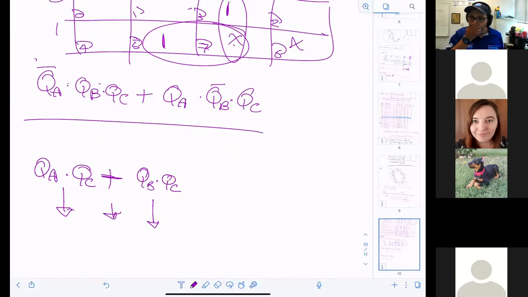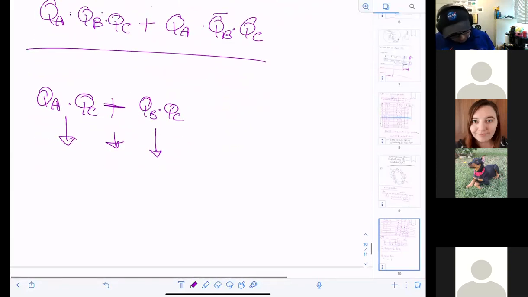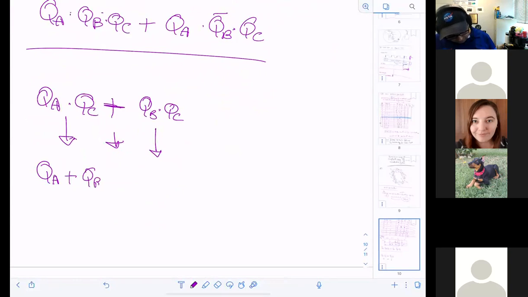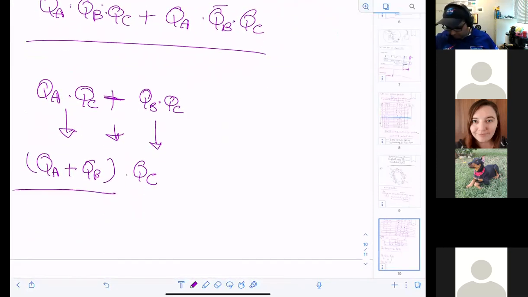You can combine the QCs too and just make 2 gates. Let's do it. So if you make it, it's going to be QA ORed with QB, and then QC. You want it to be like that? Yes. That'll be 2 gates.